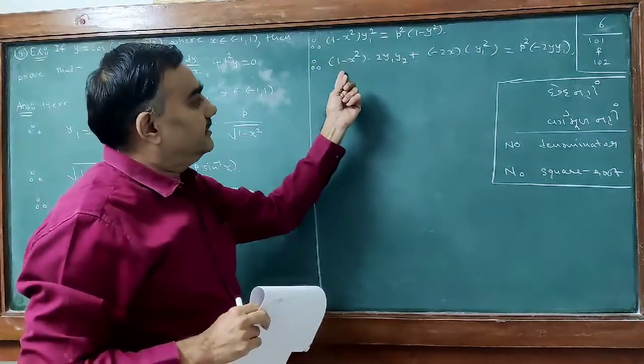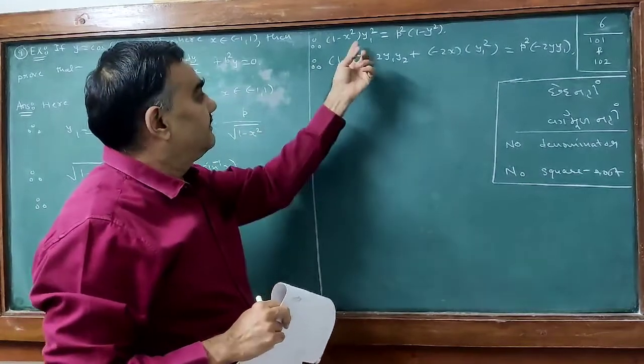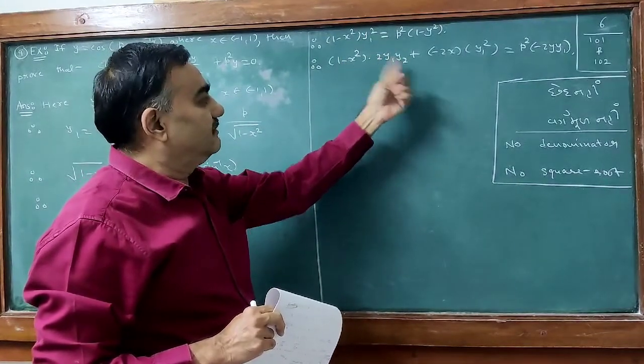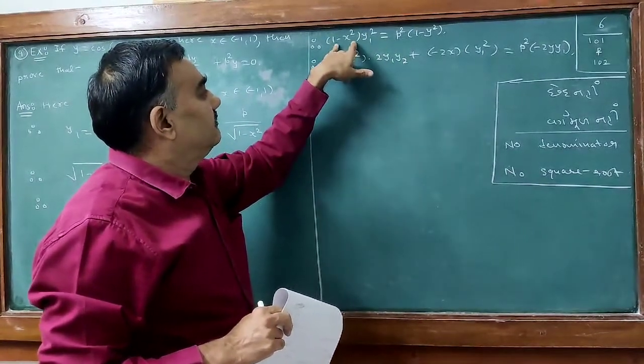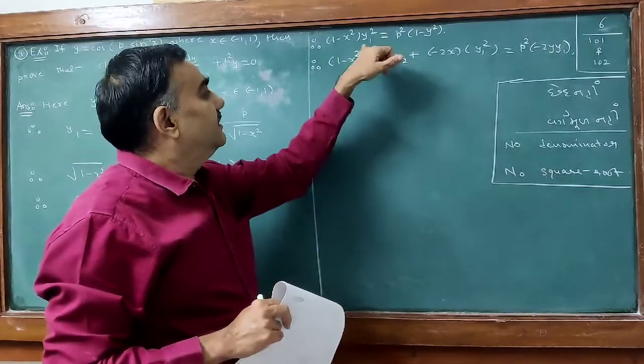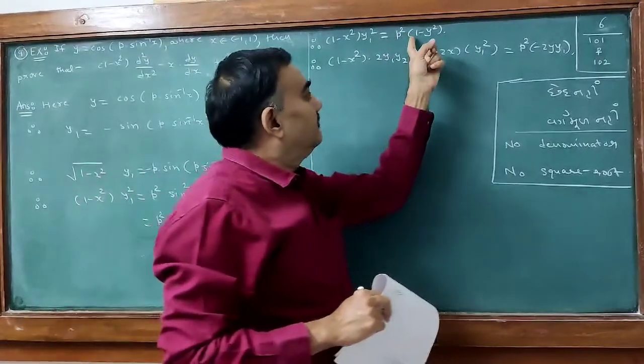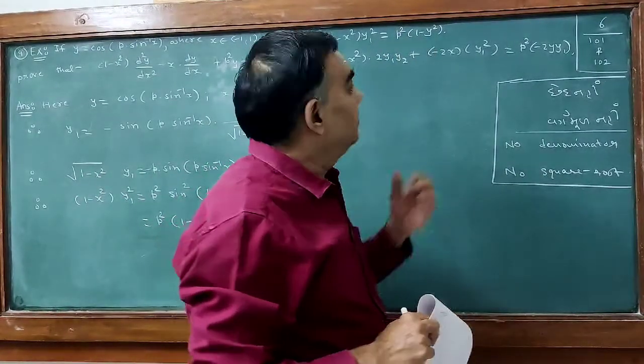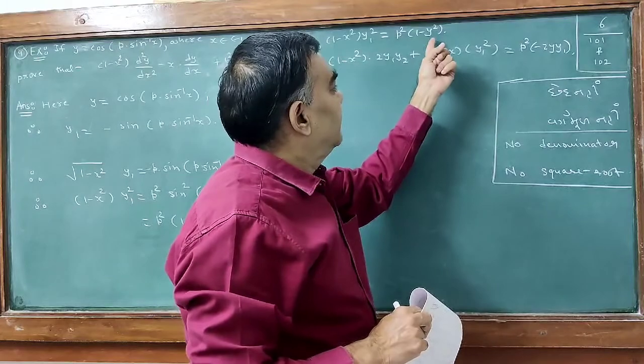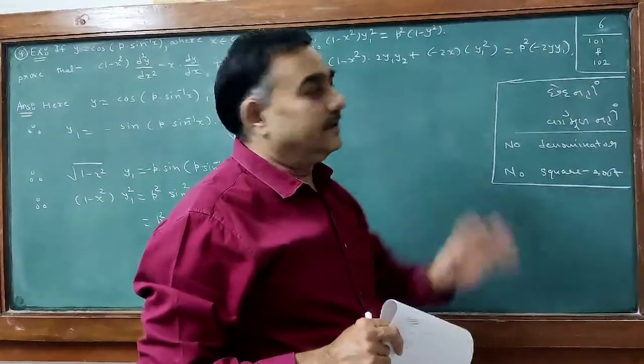1 minus x square as it is, differentiation of y1 square is 2y1 y2. Differentiation of 1 minus x square is minus 2x, y1 square as it is. P square is constant, differentiation of 1 is 0, minus 2y, and differentiation of y is y1.